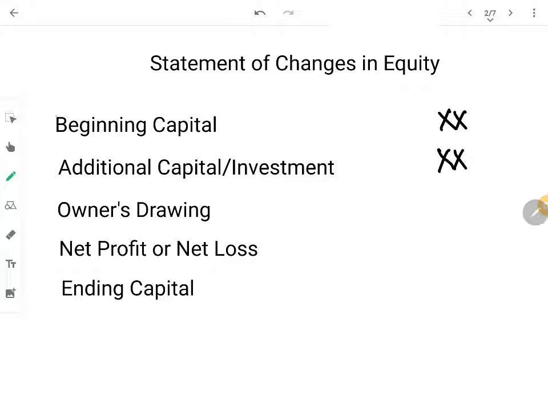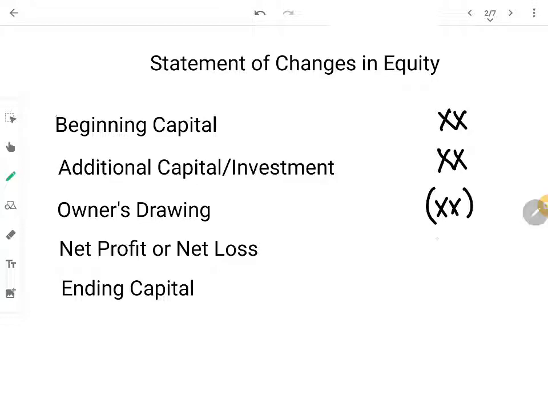And then lahat ng mga owner's drawing or yung mga withdrawals ng owner for personal use, dinadagdag, ay dini-deduct natin yan sa capital. And then, di ba, sa operation ng business, merong net profit or net loss. So pag mas mataas yung revenue kesa sa expense, then meron tayong tinatawag na net profit.